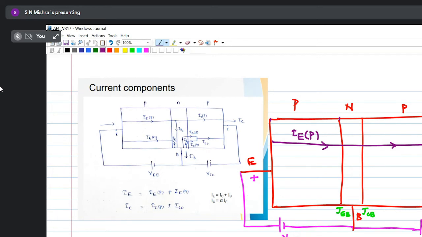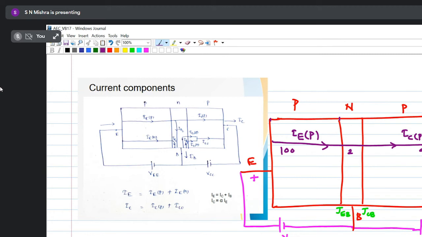And the base is lightly doped, very thin. Suppose I am sending 100 holes here. Let us take 2 holes combining in the base region and 98 holes reaching the collector terminal. So due to that, I'll get a current across the collector, which is represented as the collector current due to holes. Why are 2 holes recombined in the base region?